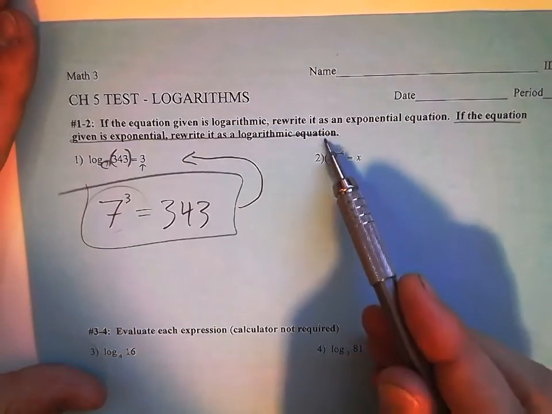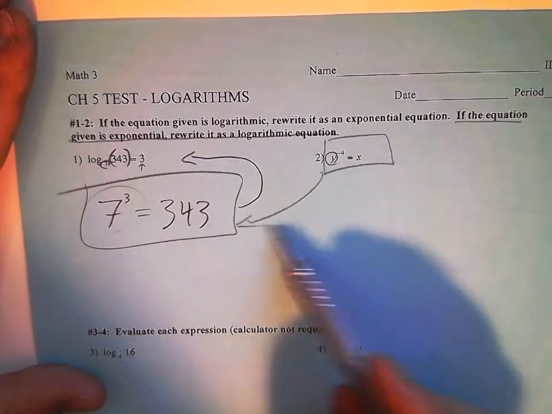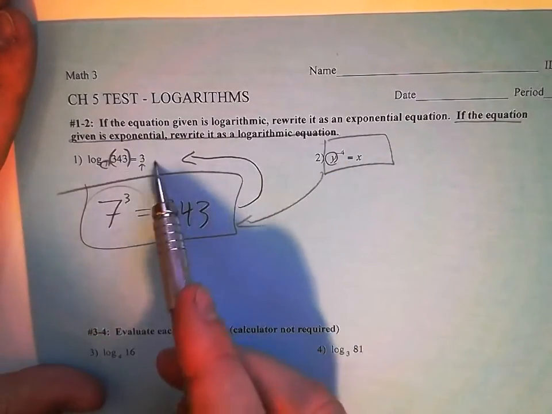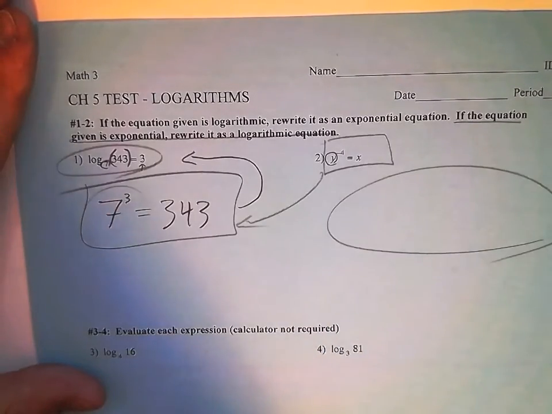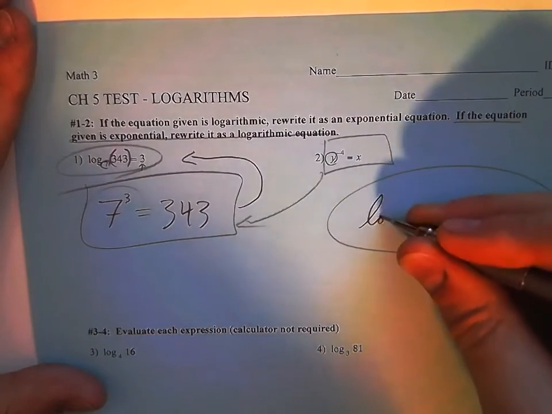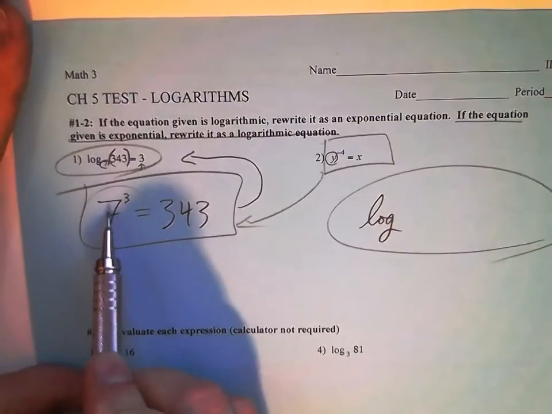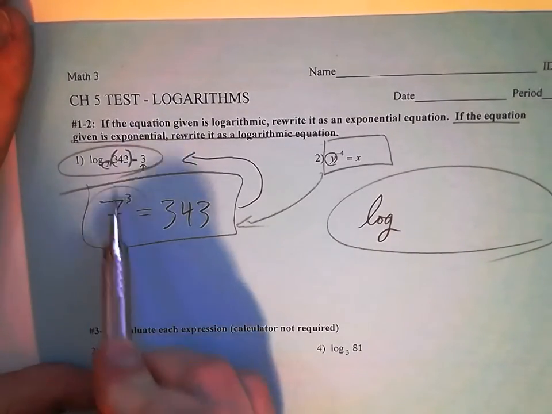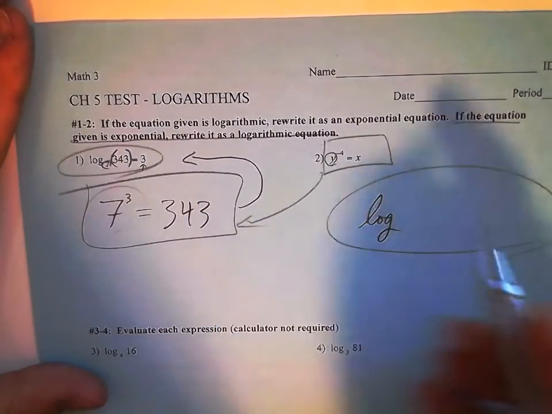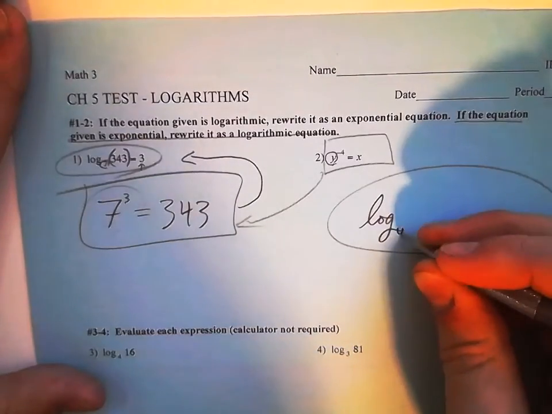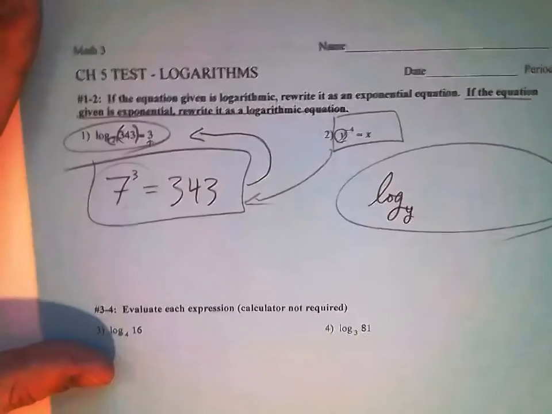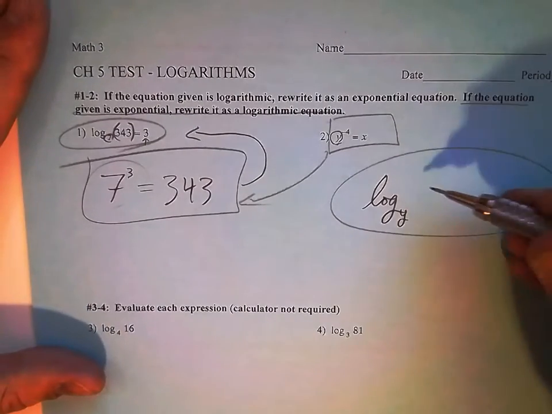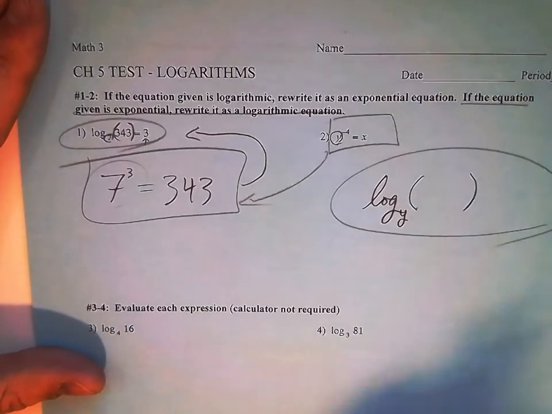So we're taking this, which is comparable to that part, and we're finding this part, which we're going to write right here. So log, the base, which here was the 7, that's going to be y. So it's going to be log base y of, what's going to go in there?